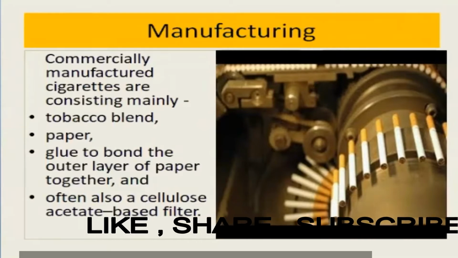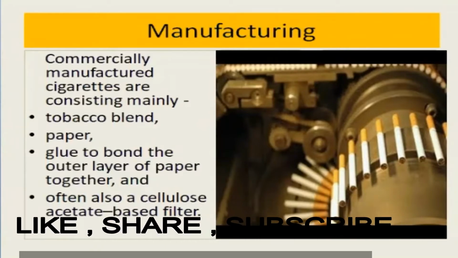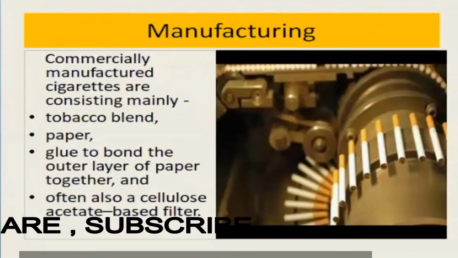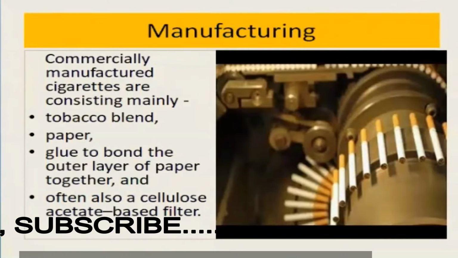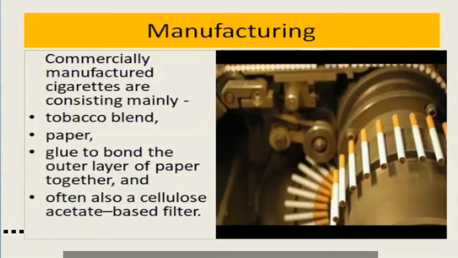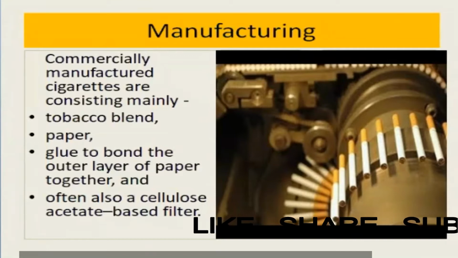Correct. So the next slide is manufacturing of cigarettes. Whenever we are talking about the manufacturing of cigarettes, the first thing that comes to mind is cigar. The main difference between cigar and cigarette is that cigarettes are specially made by machines. All the cigarettes will be machine made, whereas the traditional cigars and the world famous expensive cigars are handmade.